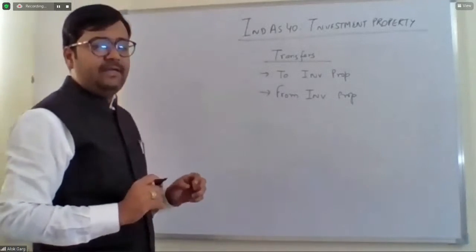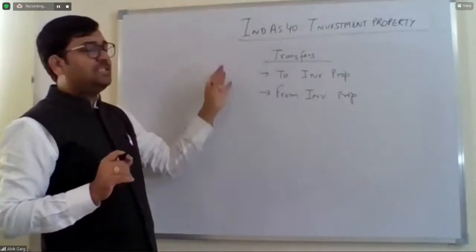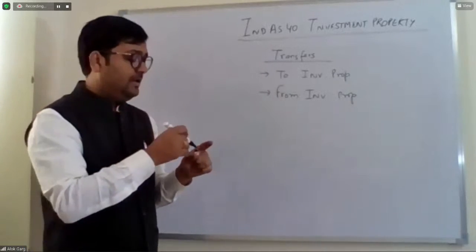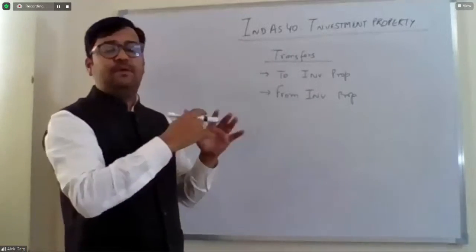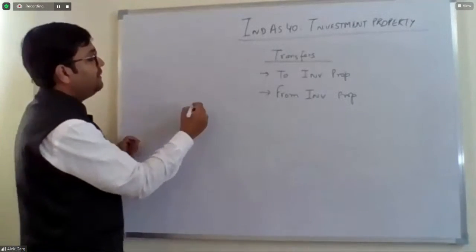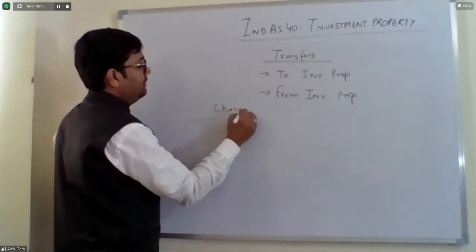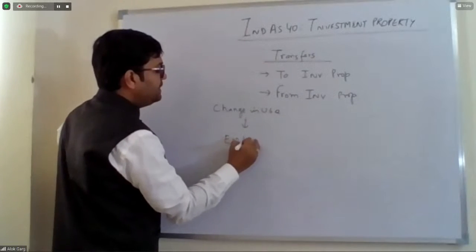Now, the standard says that the company will transfer the property to or from investment property if there is evidence of change in use. If there is a change in use. Okay. And there should be evidence of change in use.